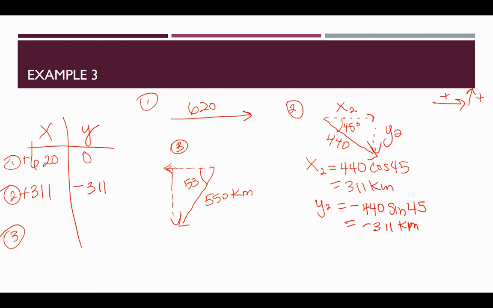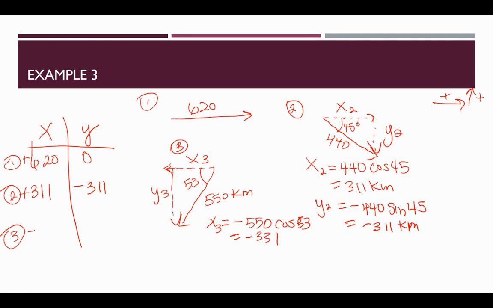What I notice about these is this x3 is in the negative direction and y3 is in the negative direction as well. So if I'm solving for x3, it's negative 550 cosine of 53, and that is negative 331.